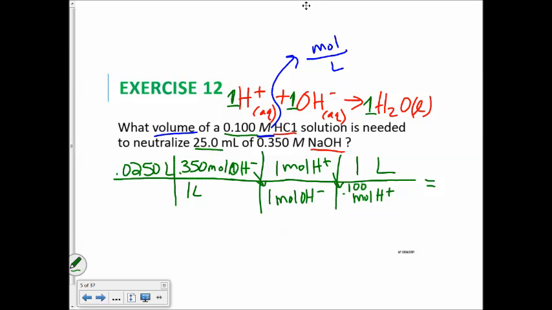Because the acid is weaker, you're going to need more of it, right? So you're looking for a volume that should be greater than 25, right? At least triple and a little bit extra, right? So kind of use that number sense to your benefit, thinking of, well, the concentration of the acid is less, and it's 1-to-1, that means I'm going to need more of the acid than the volume of the base.